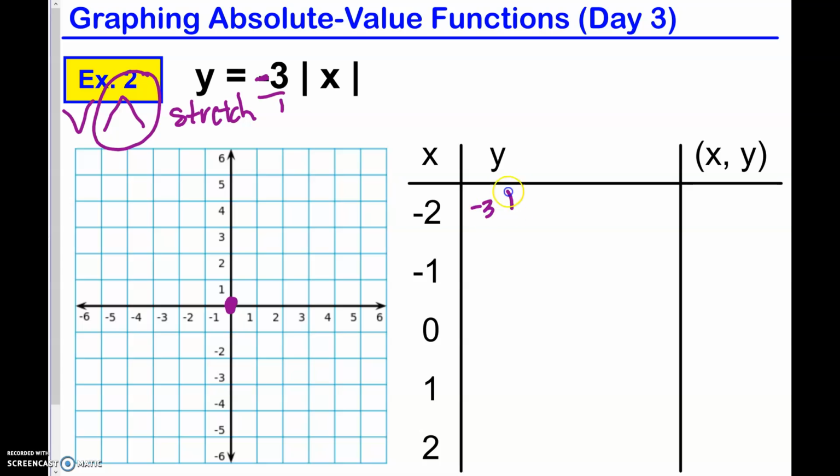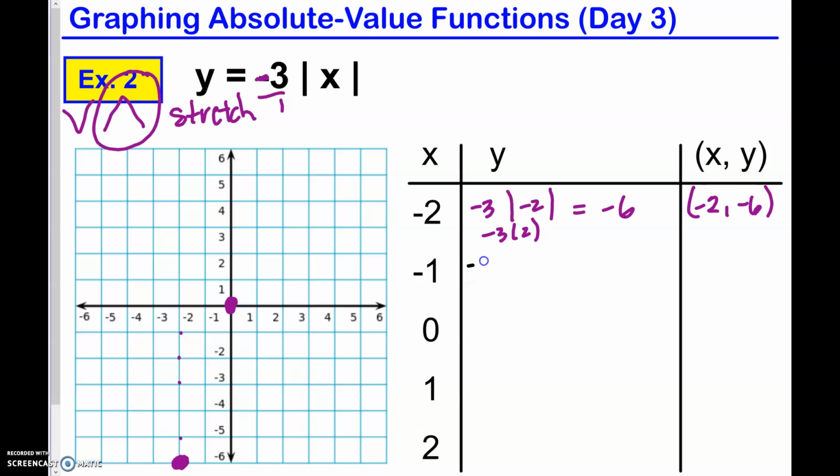So -3 times the absolute value of -2. Well, the absolute value of -2 is 2, so -3 times 2 is -6. So we have that ordered pair, -2, -6. So -2, 1, 2, 3, 4, 5, 6 goes here.